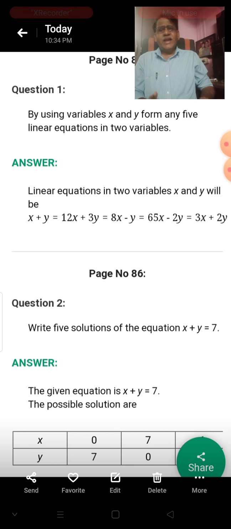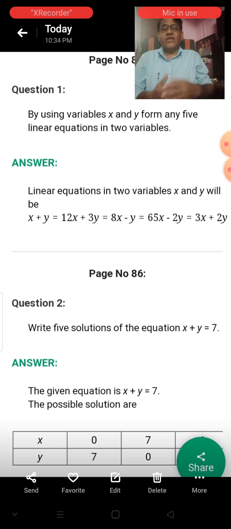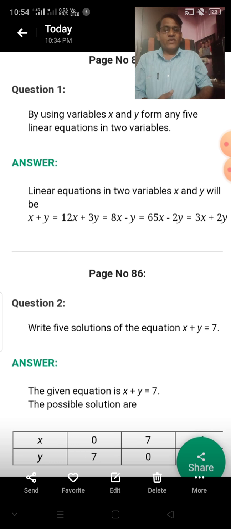Any equation you can form. Okay, you choose the coefficients and the two variables x and y, and then you form the equation. Any 5 equations you have to form. Okay, this is question number 1.